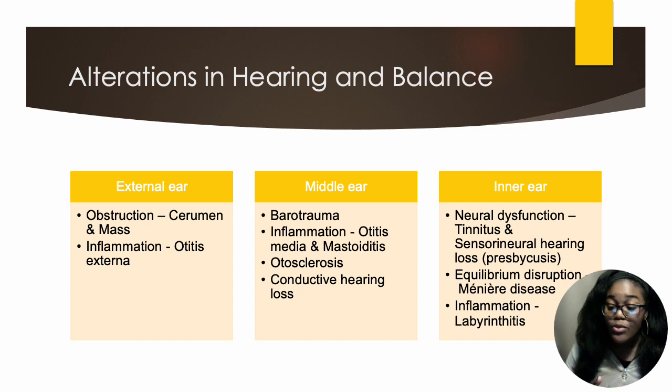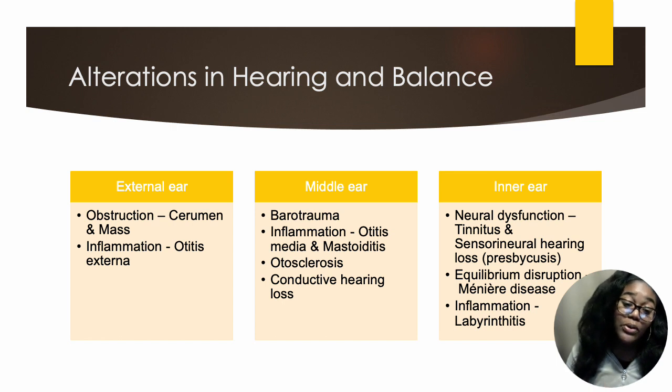Cerumen is another word for earwax, and that can cause a physical obstruction in the ear. You can also have a mass that can be insects, that can be a toy, that can be anything that's not supposed to be there. A mass is something that causes an obstruction within the ear. You can also have inflammation of the ear called otitis externa.